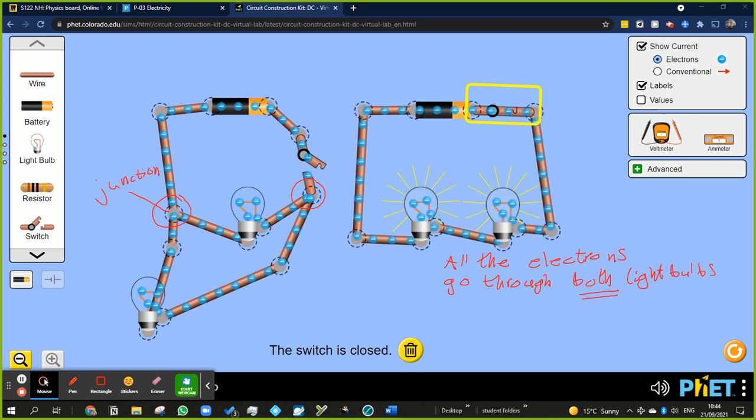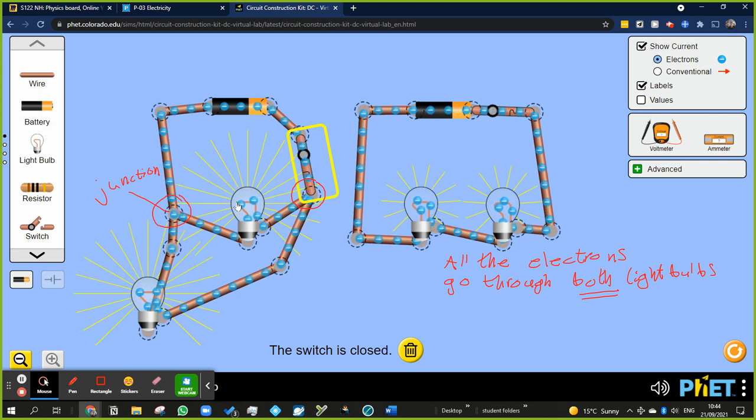So when you close the switch on both of them, you'll notice that these light bulbs are a lot brighter than these light bulbs, and that's because in this case, the electrons only need to go through one light bulb each, so they can use up all their energy on that one light bulb, whereas all the electrons need to go through both light bulbs here, and so it's going to be a lot dimmer.